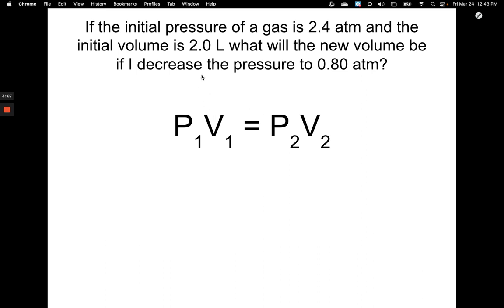Those are the initial. What we're going to do is decrease the pressure. Notice that it's going down from 2.4 to 0.8. Now, since this is inverse, if we decrease the pressure, what's going to happen to the volume? Go ahead and plug in and see what answer you get, and maybe pause the video while you do it, and then see what my solution is.